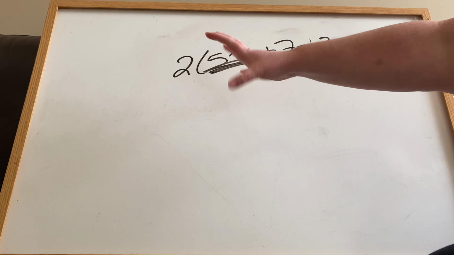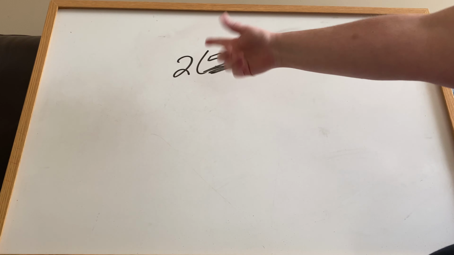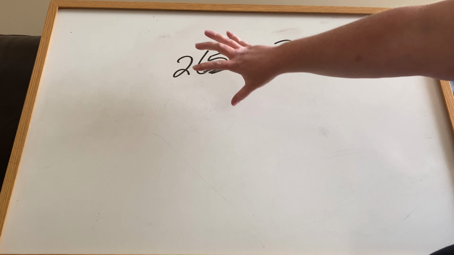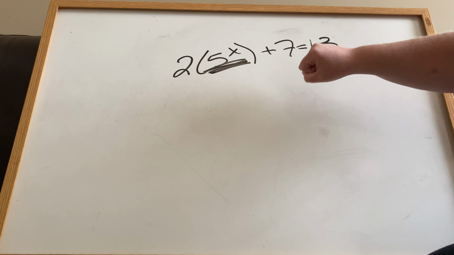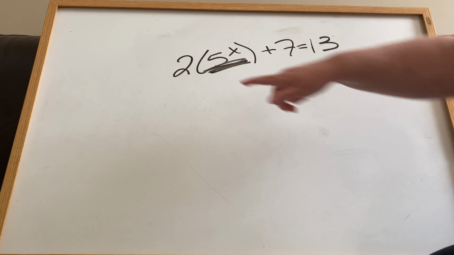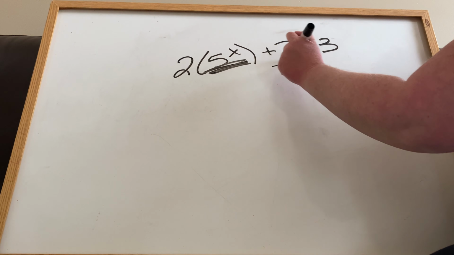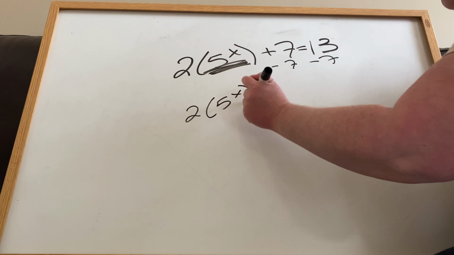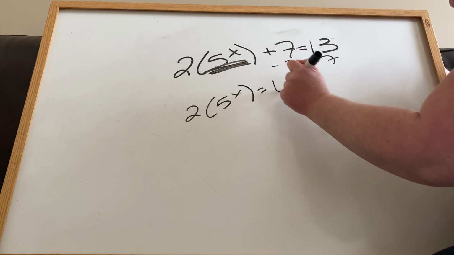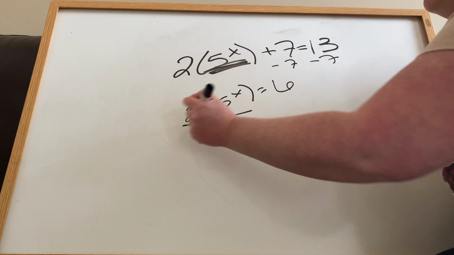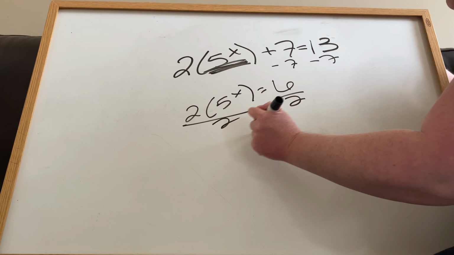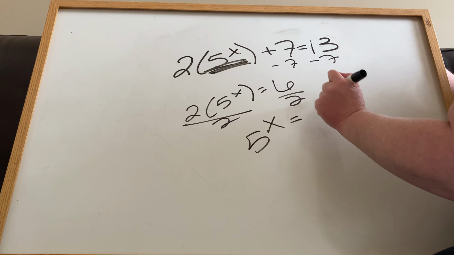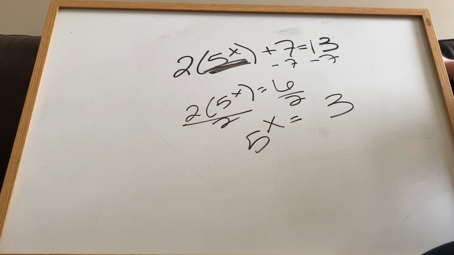Because 5 isn't like a coefficient like 2 is, it's a base, so you can't randomly attach things to it. So you have to get everything away from this term. The way that you're going to do that is to subtract the 7. 13 minus 7 is going to be 6. Then you would divide by 2. So then you have 5 to the x equals 3.